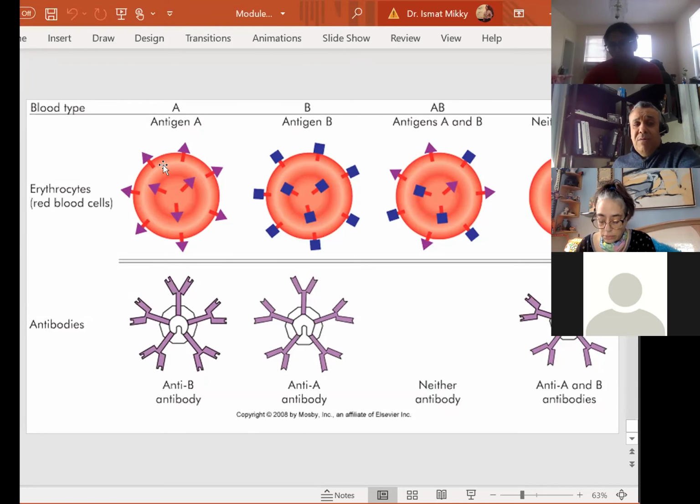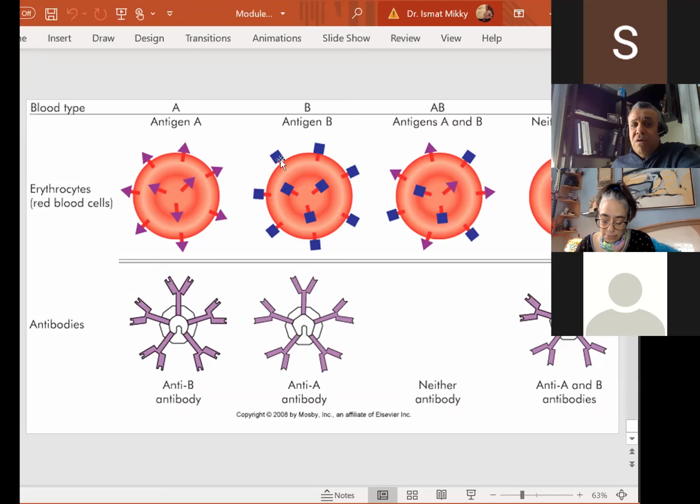So let's just give a scenario of what would happen if the patient with blood type A received a blood transfusion, a unit of B type. It'll get rejected. Can you explain why the immune system will attack and develop an immune reaction or response?